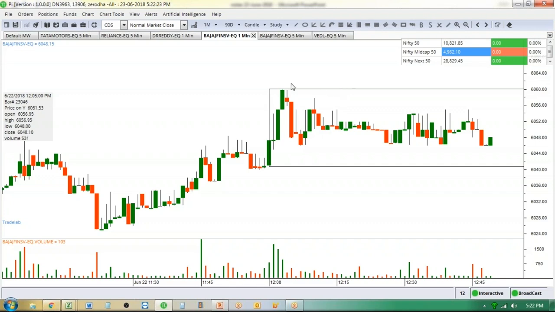If you're buying here, your stop loss ideally should be below the box. Ideal situation.